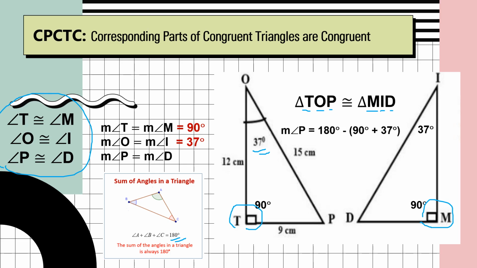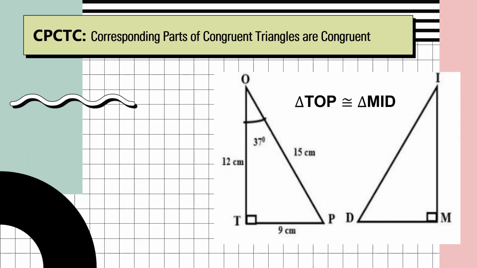At kapag sinolve natin yan, we will get the answer which is 53 degrees. So, 53 degrees daw si angle P, and of course, 53 degrees din si angle D. Kasi nga, congruent sila. Yan, ganun lamang po.